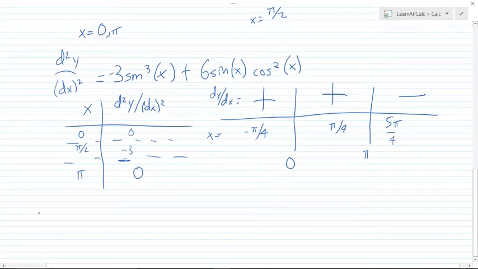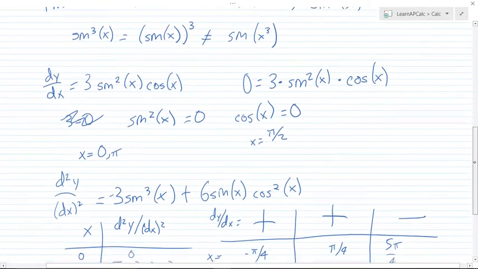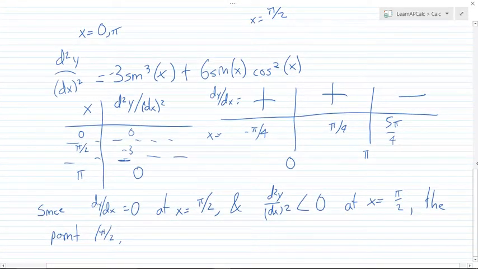Okay, so we can say since the point pi over 2 comma sine of pi over 2, remember, is 1.